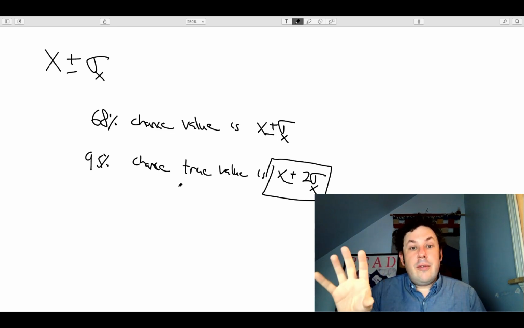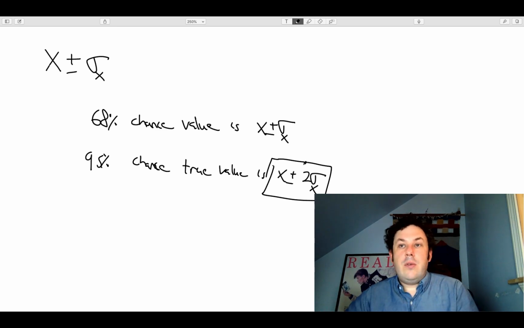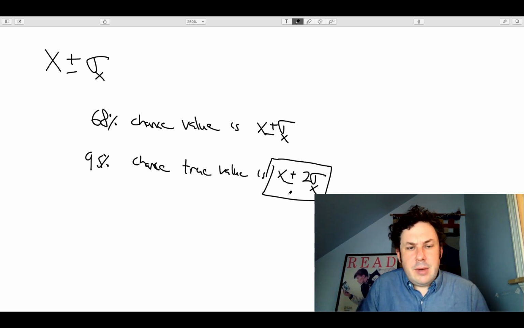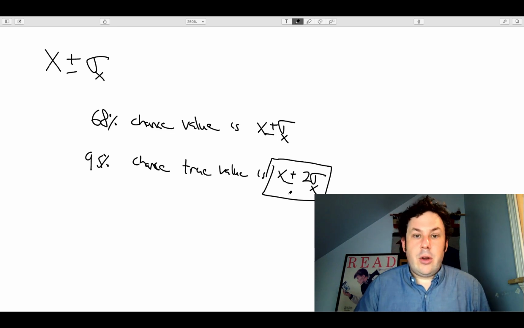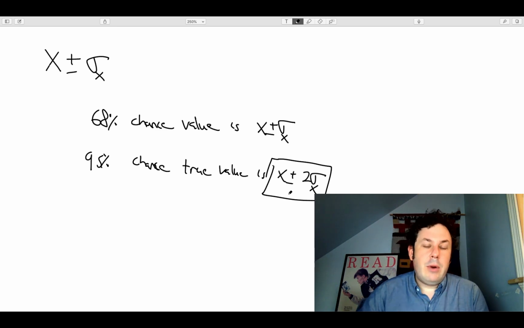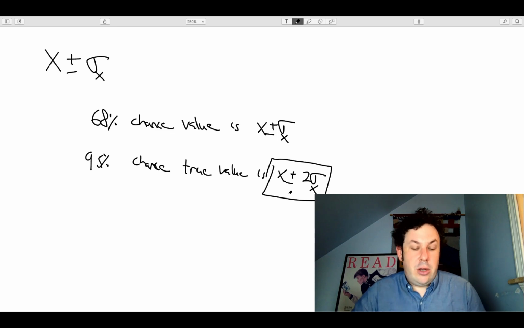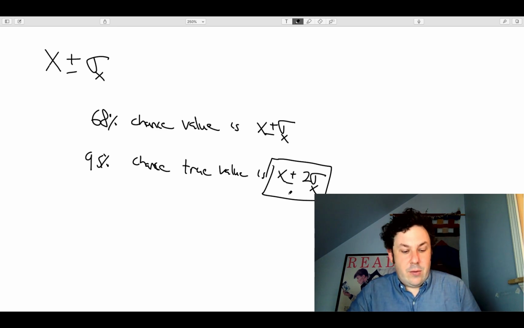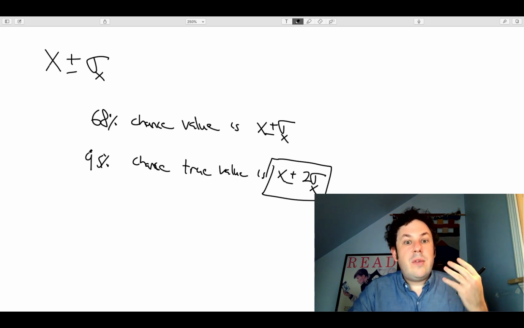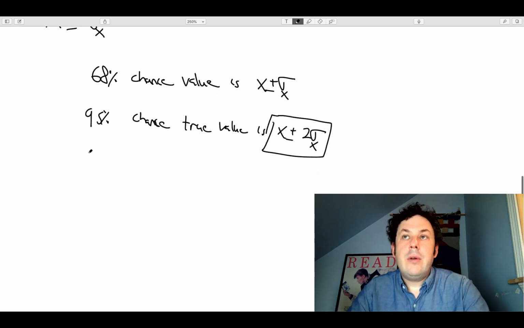There are other fields of science where 95% is not good enough. So for example, particle physics doesn't use 2 sigma. I think it uses up to 5 sigma, which is wildly large. In my field, where I worked in biophysics, 2 sigma was kind of the standard. It depends on what you're trying to do. So in this case, what you would want to know is whether the value measured is within 2 sigma of a theoretical value.